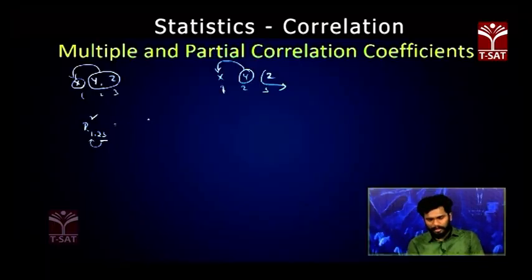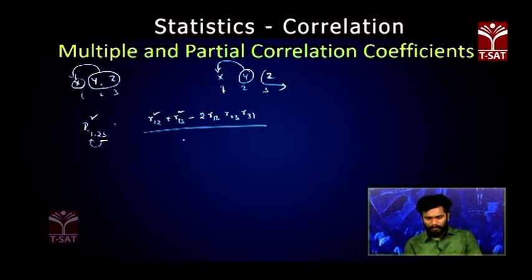And it is given by R12 square plus R13 square minus 2 into R12, R23, R31 divided by 1 minus R23 square.